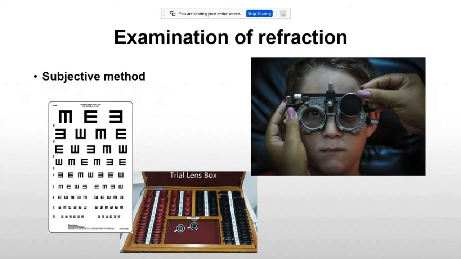You rarely prescribe glasses only on this subjective method. Maybe in an adult patient with hyperopia and presbyopia, you can prescribe glasses only by the subjective method.